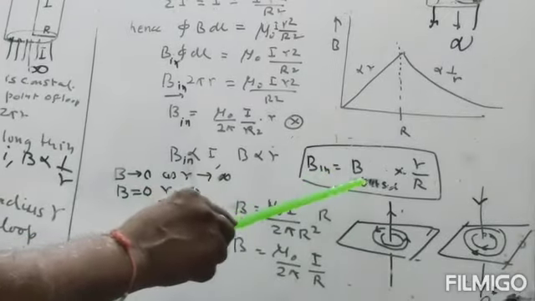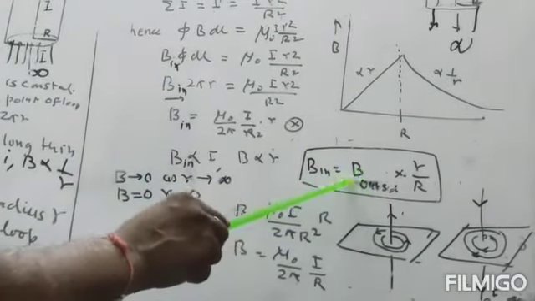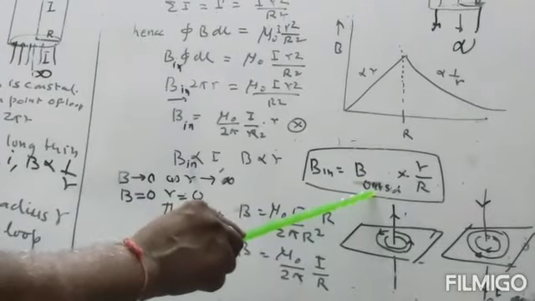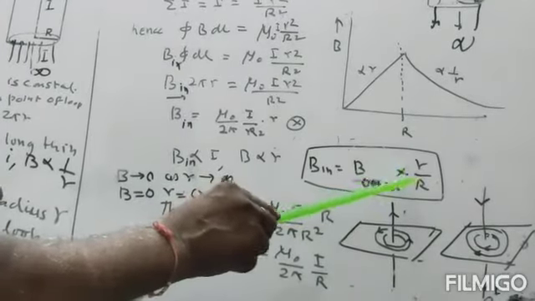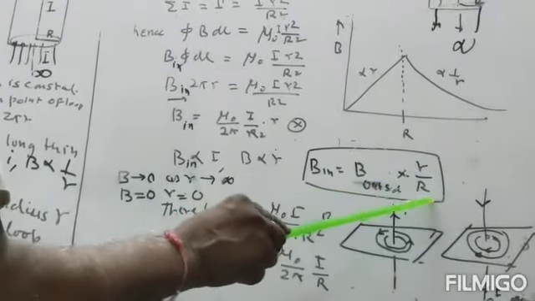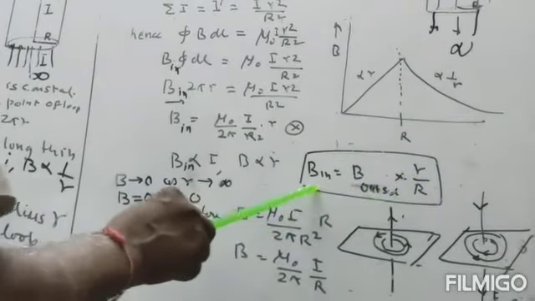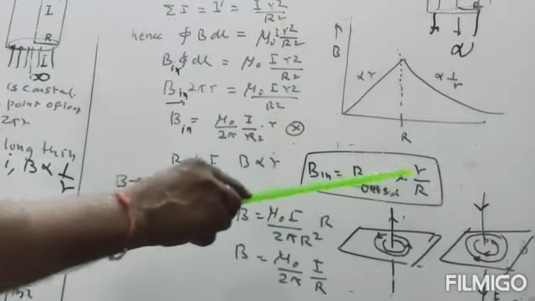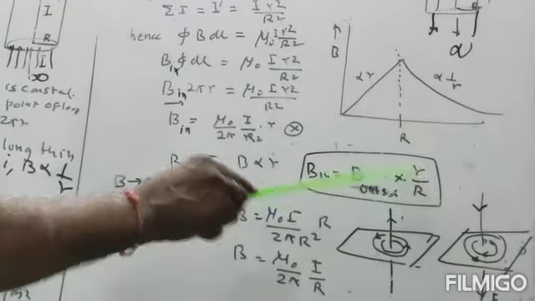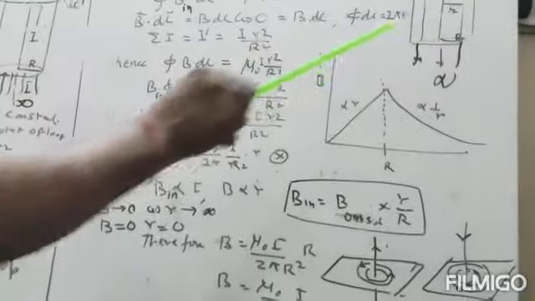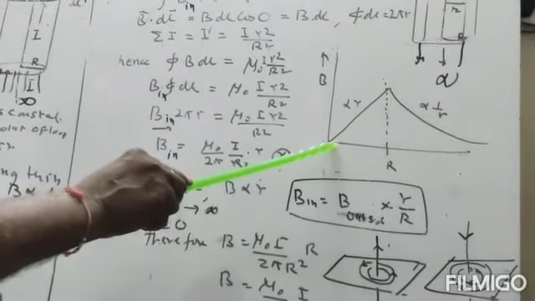So B inside will be equal to B outside multiplied by small r by capital R. So the B inside will be equal to 0 as r is equal to 0, means at the center B is equal to 0.